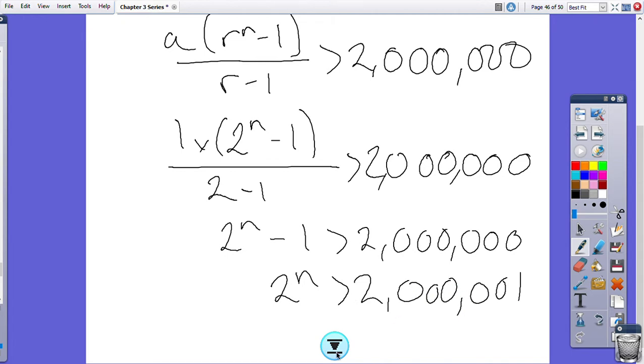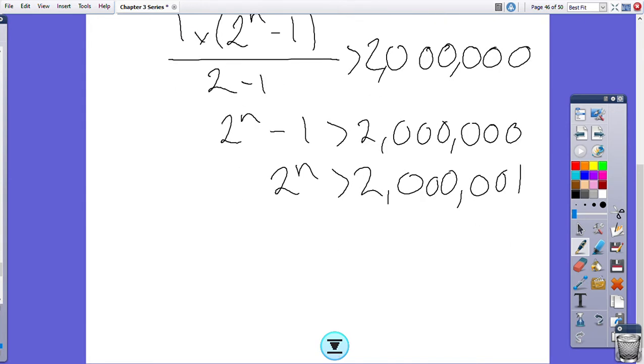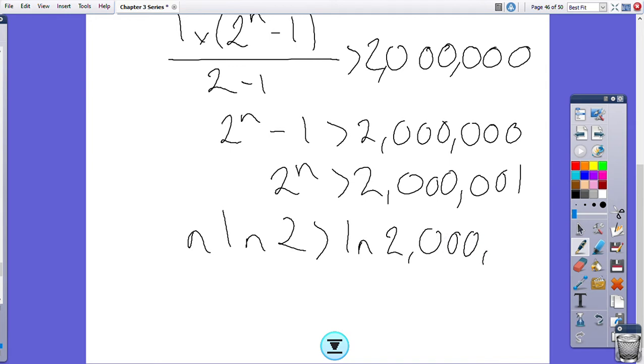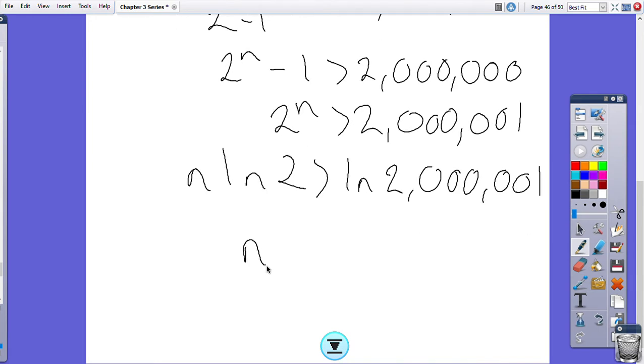Why do we choose such big numbers? We are going to take some logs, of course, so we've got n log 2 is bigger than log 2,000,001. So n is bigger than log 2,000,001 over log 2.